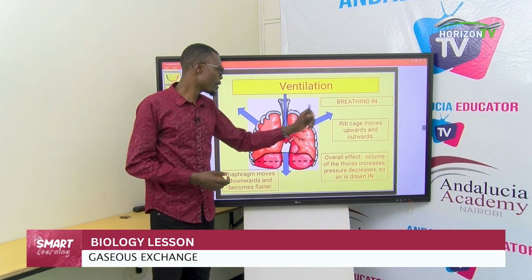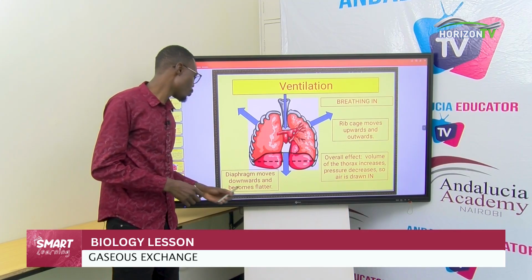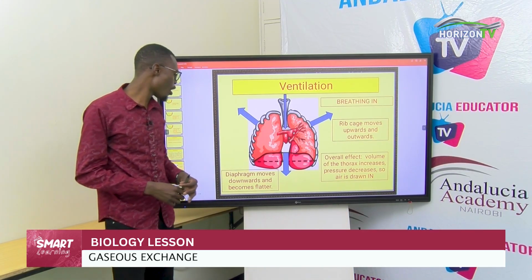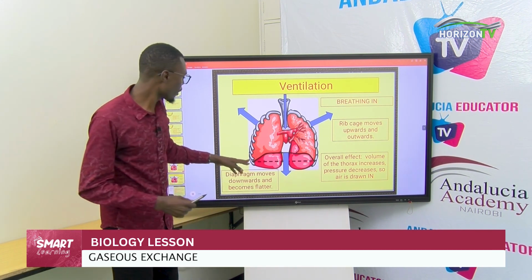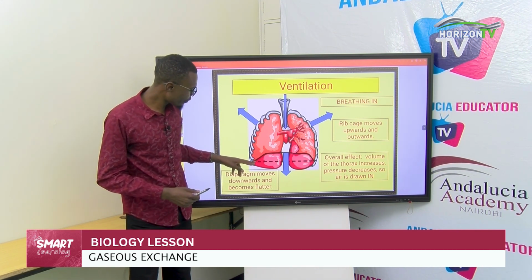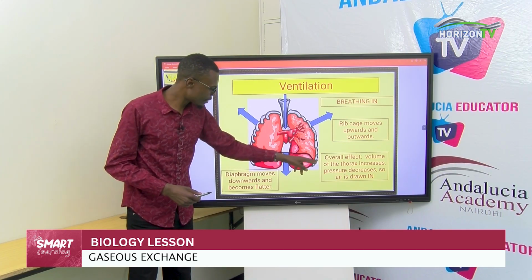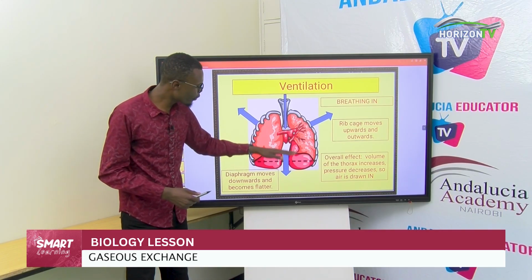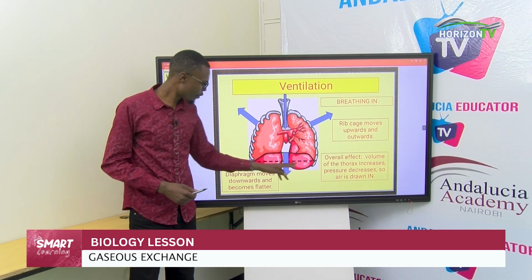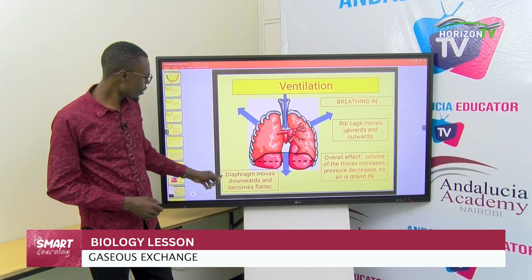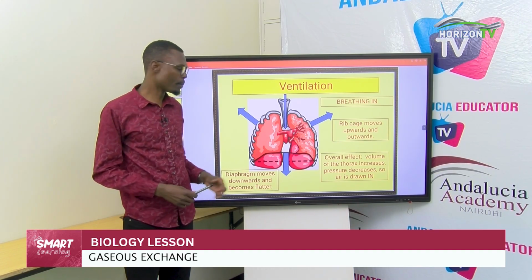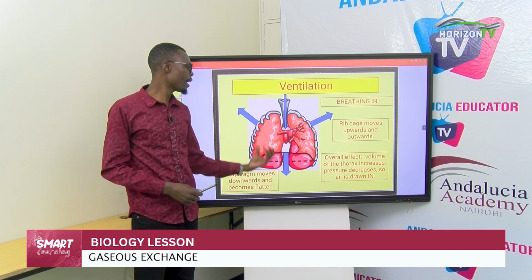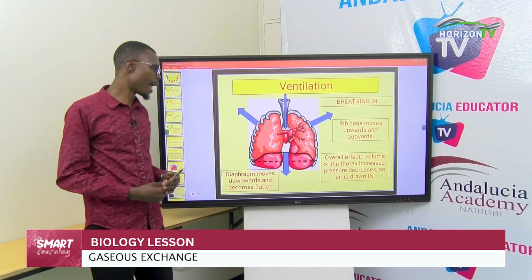So the ribs, the intercostal muscles, and we have the diaphragm. The diaphragm, as I have indicated here, flattens. It stretches and flattens, or moves downwards and flattens. So the diaphragm also has muscles. Those muscles can move depending on the amount of air which is in the lung.